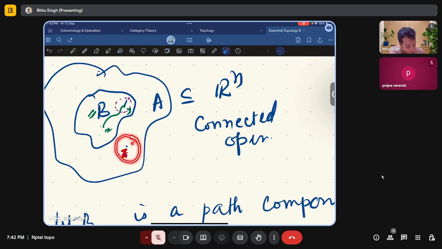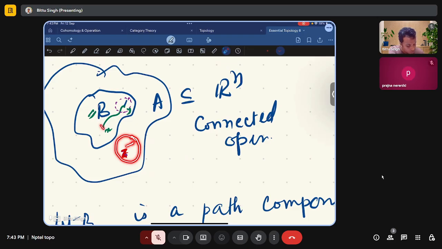Now, if we choose a neighborhood, an open neighborhood like this, then those 2 points can be connected by something like this, right? Some line segment like this.